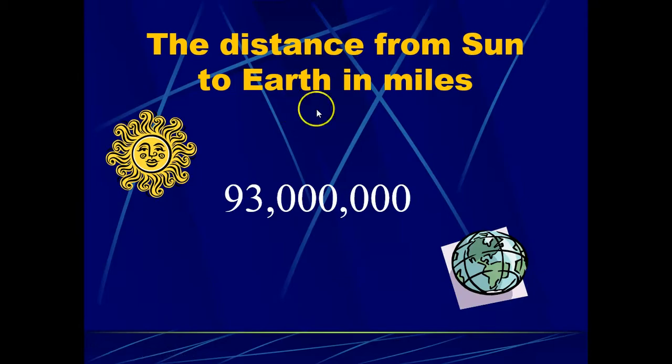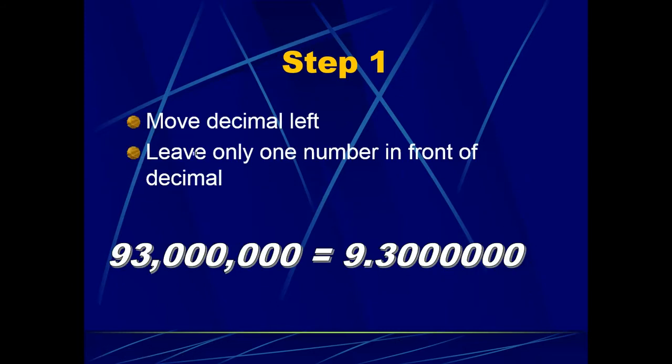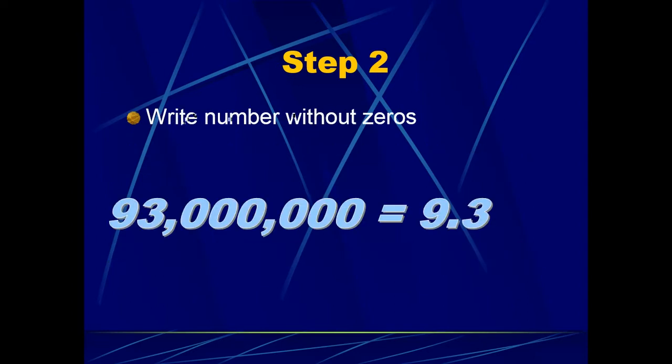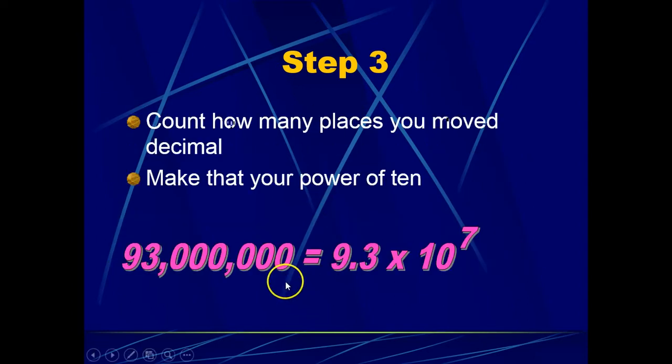So, for example, Earth's distance from the Sun, 93 million miles. You would write that as 9.3 times 10 to the 7th. And notice how we got there. We say, okay, it's really 93 million dot, and let's just assume that these zeros are not significant.